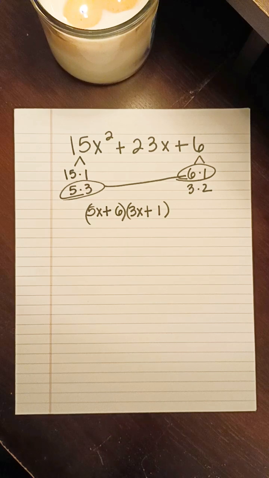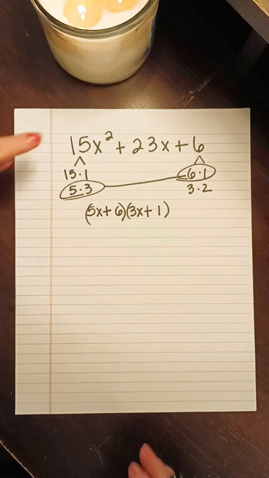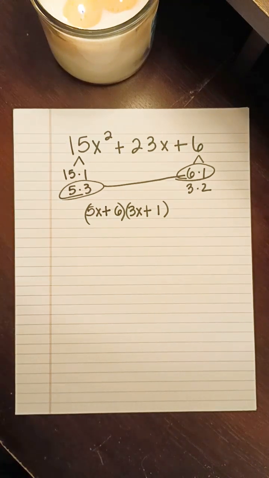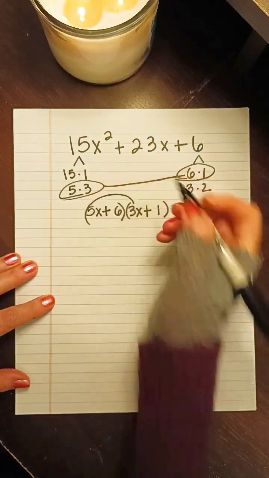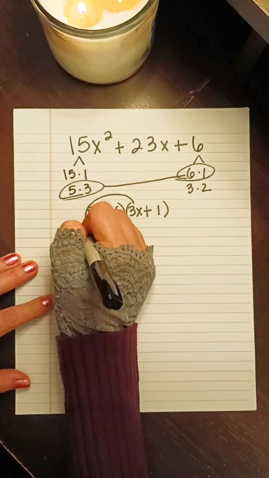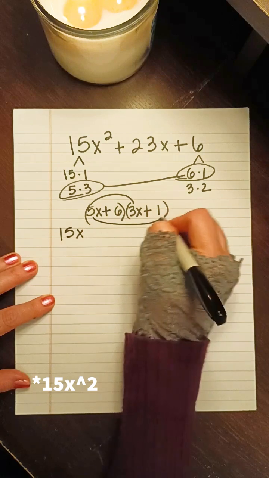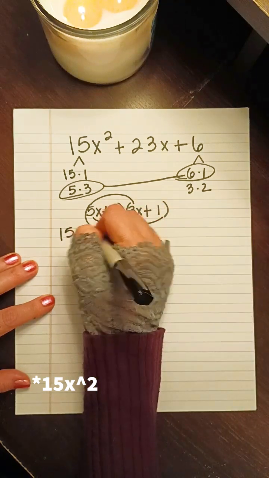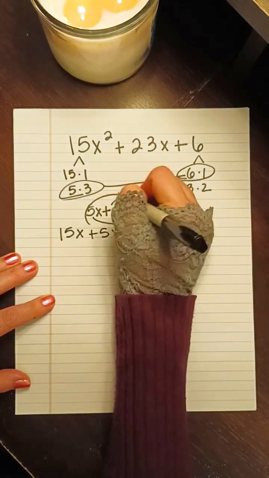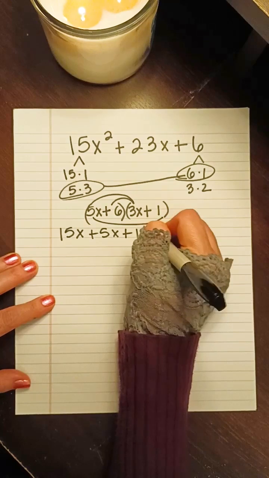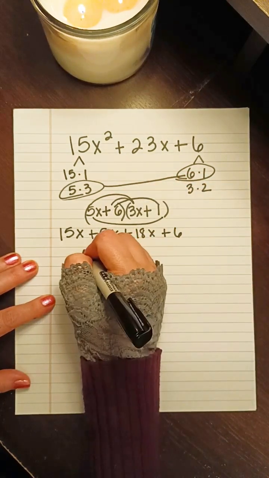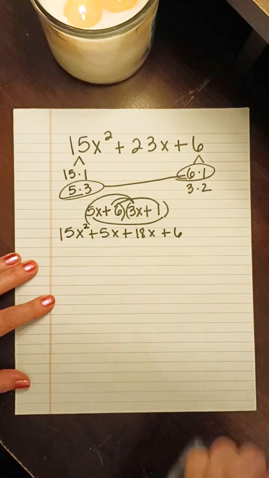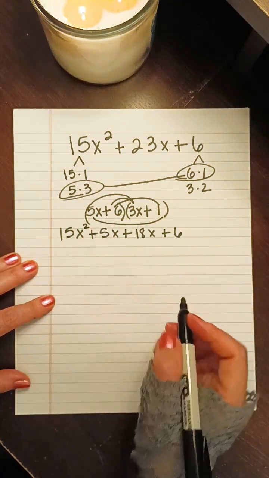And if you were to FOIL, you should get the original quadratic. So we have first, which is 15x squared, and then outside is plus 5x. Inside is plus 18x, and last is plus 6. So 5x times 3x is 15x squared.